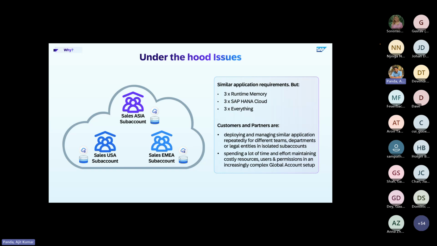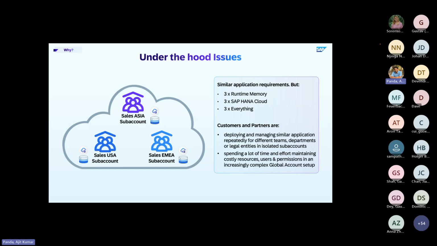For example, if we consider the current example, let's say a customer has three different sales teams in three different regions, and each of these regional teams develops applications and deploys into different subaccounts and starts using them, even though the requirements from the different sales teams are quite similar, right?